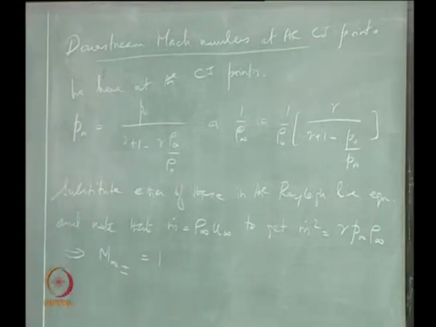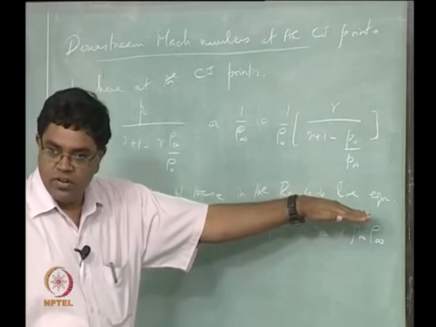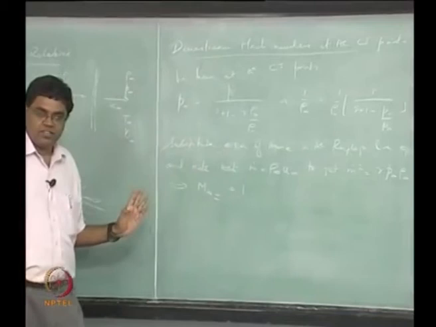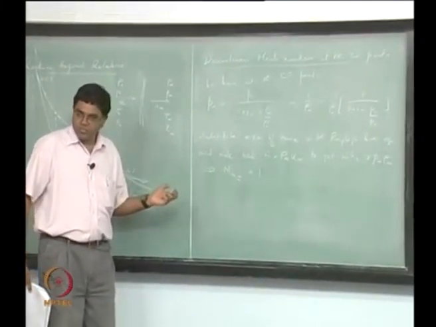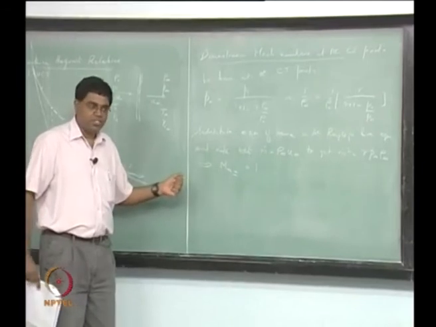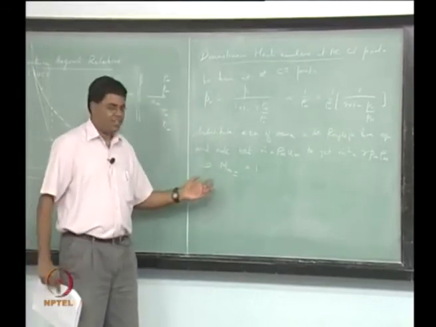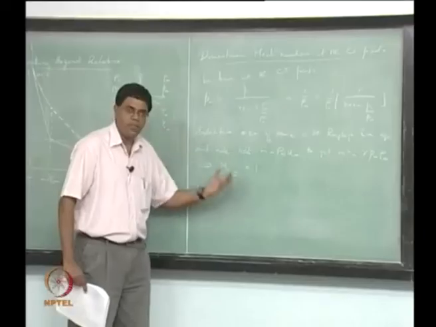Now in a mathematical sense this is not surprising, because we plugged this expression into a Rayleigh line which is essentially linear, right. That's just a straight line, therefore we aren't expecting any quadratics. So if you don't have a quadratic, then we can't get two solutions, we should get only one solution. Strictly speaking we shouldn't even write a plus or minus, we are not even at the stage of distinguishing between plus and minus, both of them are the same.